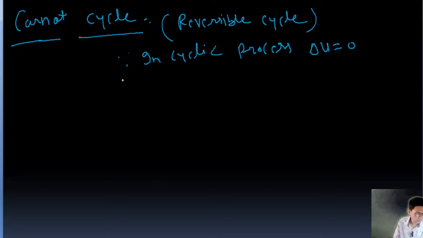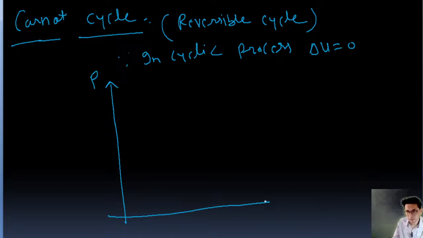So I'll make a diagram, Carnot cycle in PV. So this is P and this is V. Here I'm going to make a Carnot cycle.